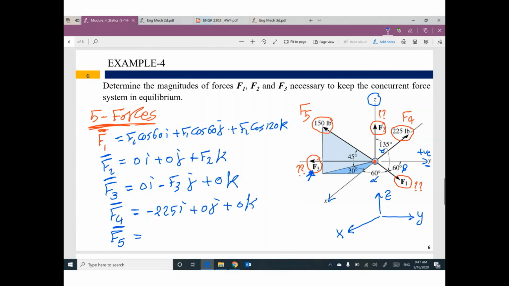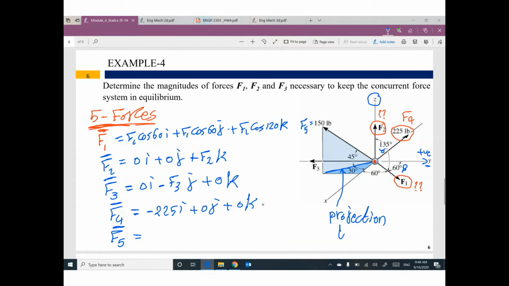For F5, we have a projection line. Do you remember? If you cannot figure out how to use the projection line, please pay attention. I'm talking about F5, this one, equal to 150. This force has a line here called the projection line.